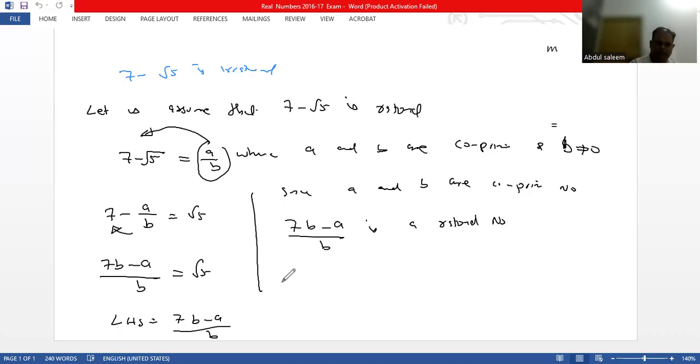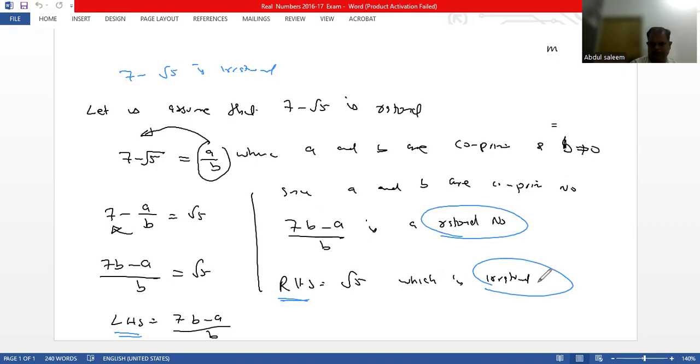And RHS equals root 5, which is irrational. So we obtain that the left hand side is a rational number and the right hand side is irrational, which contradicts our assumption. Therefore, our assumption is wrong. What is our assumption? 7 minus root 5 is rational. This is wrong. So finally, we obtain that 7 minus root 5 is irrational. Okay, this is the answer.